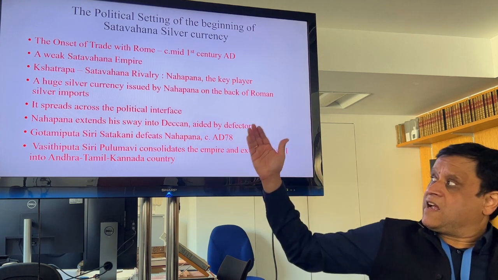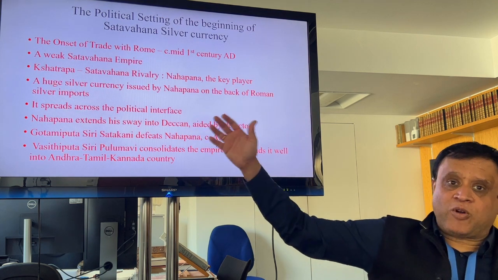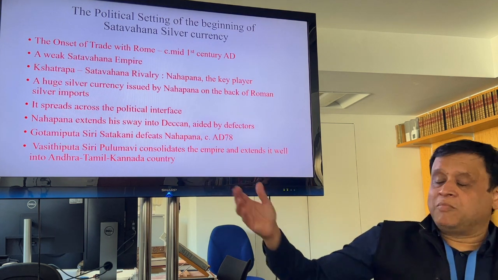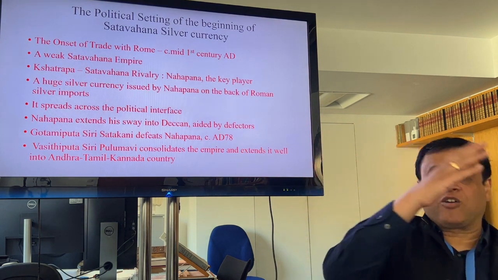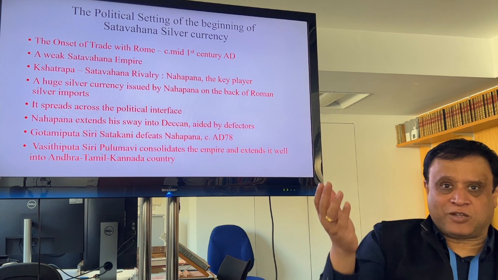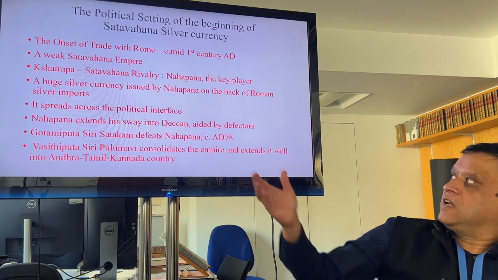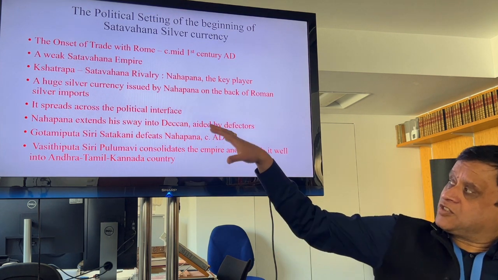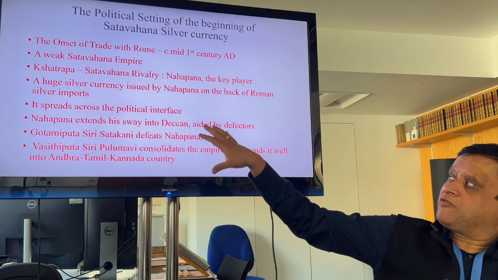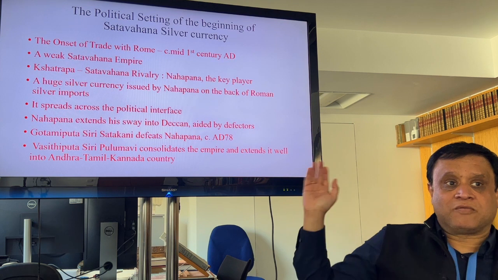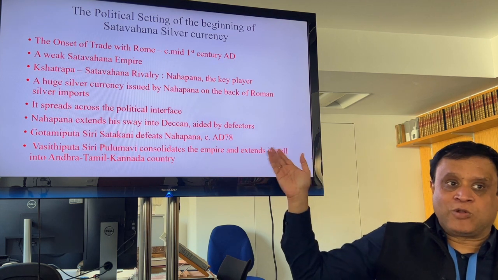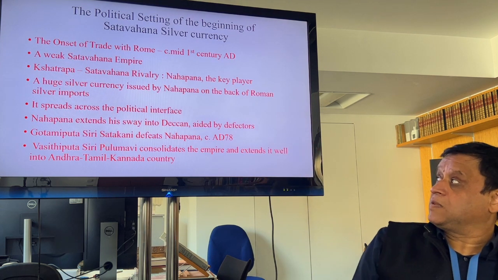And the fact that the empire is weak at this point sparks a rivalry with the Kshatrapas in Gujarat, who are also part of the same coastal picture where the trade is landing. And this particular rivalry in the mid-first century AD is led by Nahapana, the Western Kshatrapa ruler from Gujarat at this time.